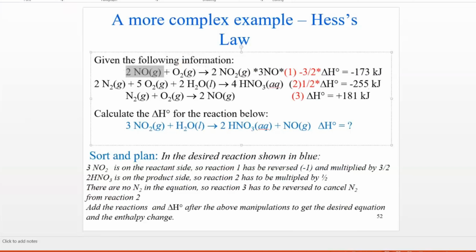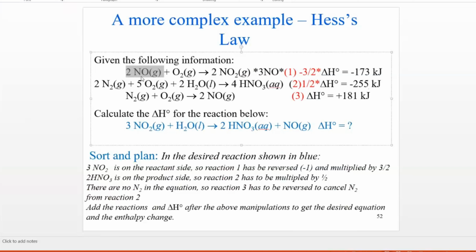If we flip the third reaction, we will have 1 NO on the right side. That means, again, this NO2, since we are flipping the reaction, will now be on the right side. And we are multiplying it by 3/2. So 3/2 times 2 is 6/2, otherwise 3. So we're going to have 3 NOs on the right.